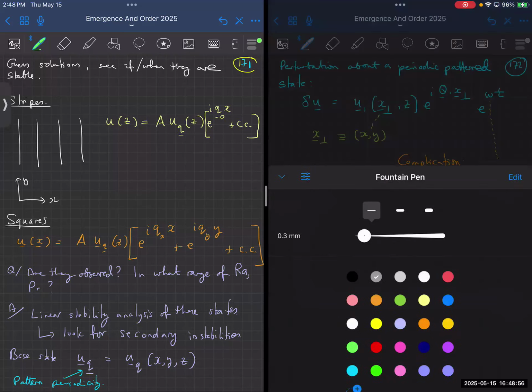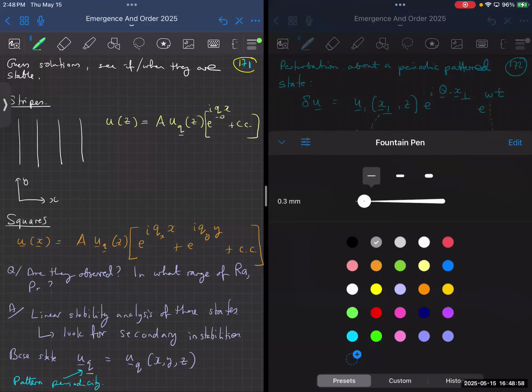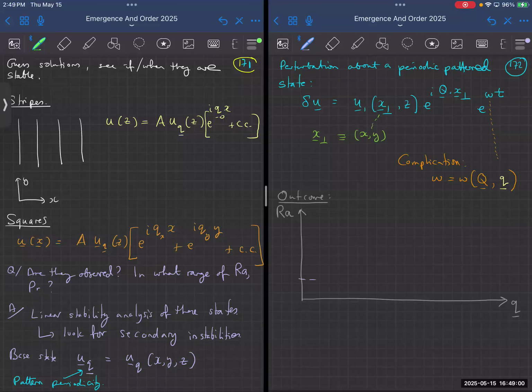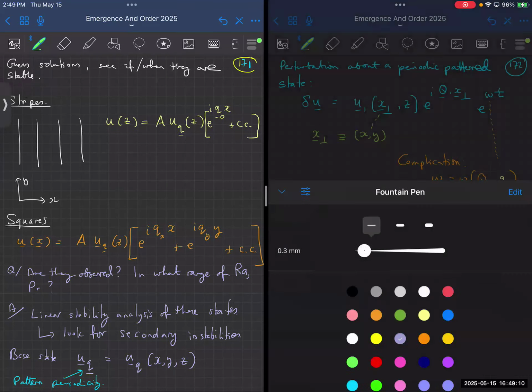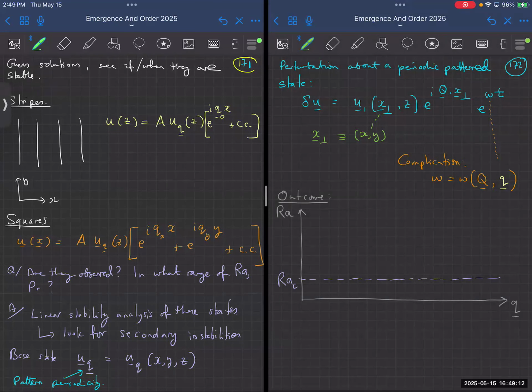And then I'm going to draw here the critical Rayleigh number, where things start to happen. And then I'm going to draw the neutral stability curve. So I sketched the neutral stability curve for you before. It does something like that, comes down with some wave number and touches this curve at the critical wave number. So this is the neutral stability curve.